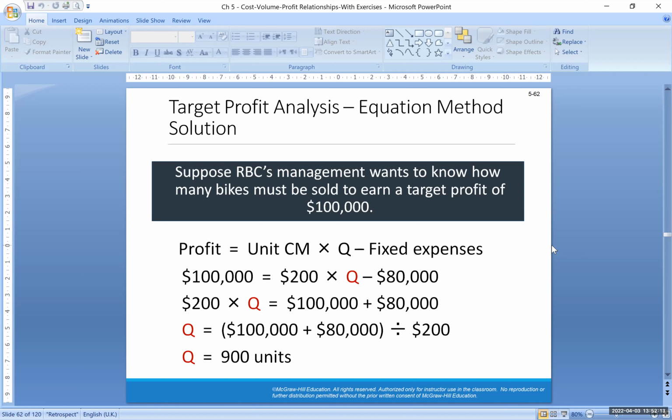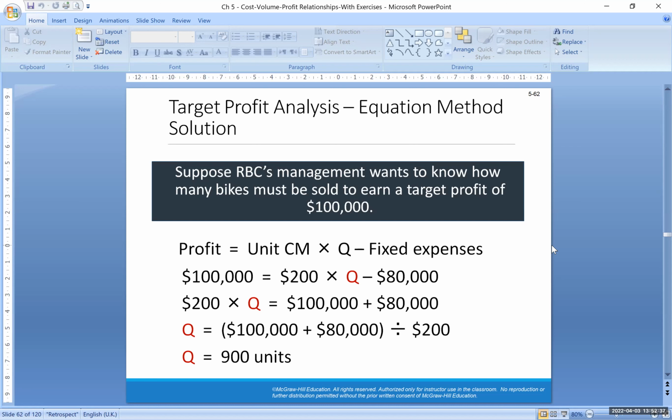The meaning of the 900 units is that we need to sell 900 units in order to get $100,000 as a profit.